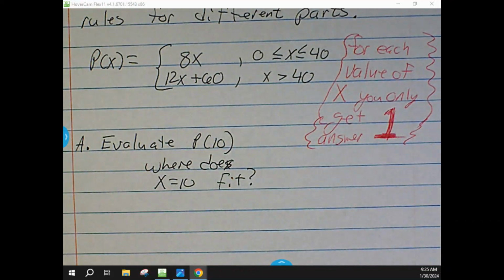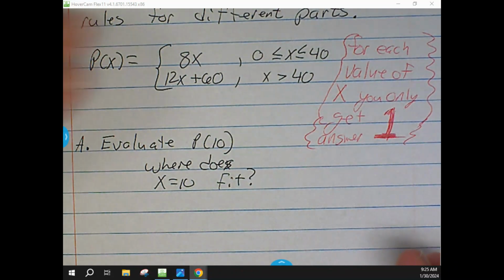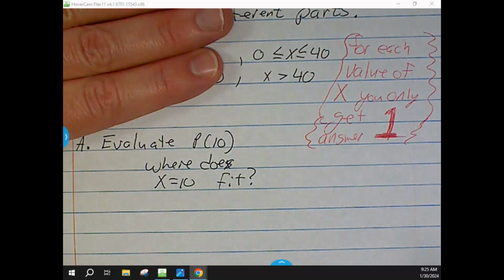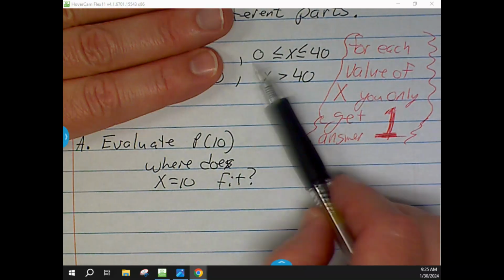When they give you a value, you basically just ignore the pieces for a minute. They're telling you that the x value is 10 here. So where does 10 fit? Is 10 between 0 and 40, or is 10 greater than 40? Obviously, it's between 0 and 40, right?